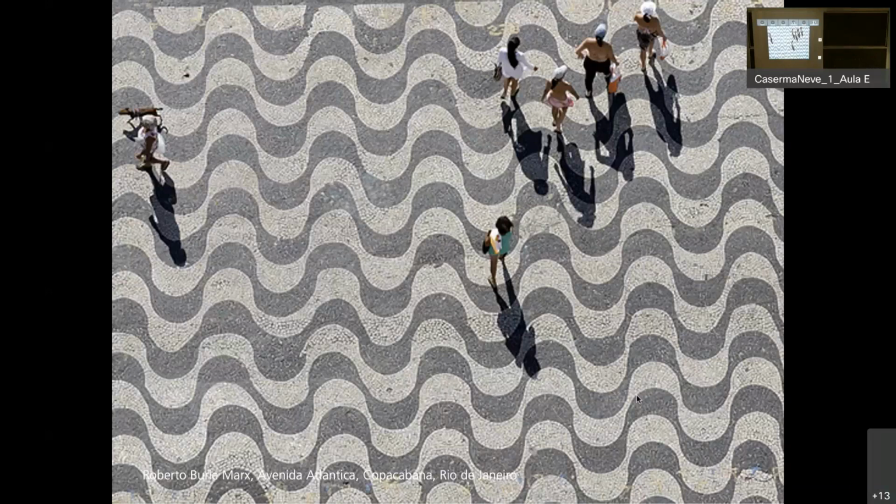And this shape of the experience is really achieved thanks to the rhythm of the drawing and to the rhythm of black and white Portuguese stone, arranged exactly in this shape.